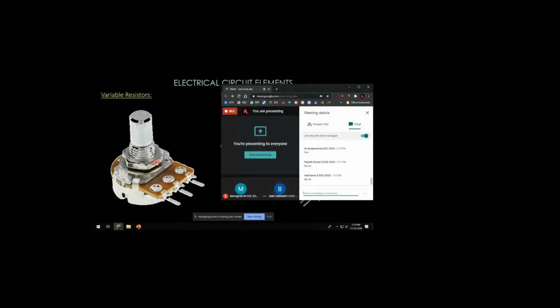Regulator. What regulator? What regulator, man? Fan controller. A regulator, fan control is a regulator, but it will act as a switch, not resistance in it. Resistance is present in it, but it will first act as a switch. Then it will switch the resistance from higher end to lower end.